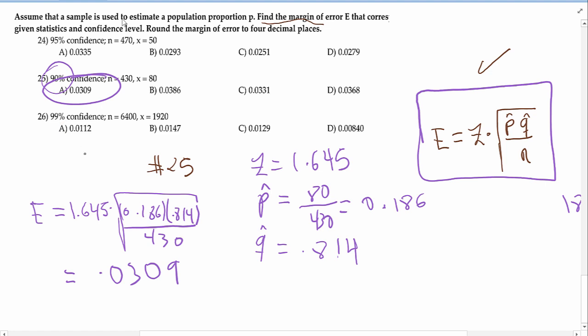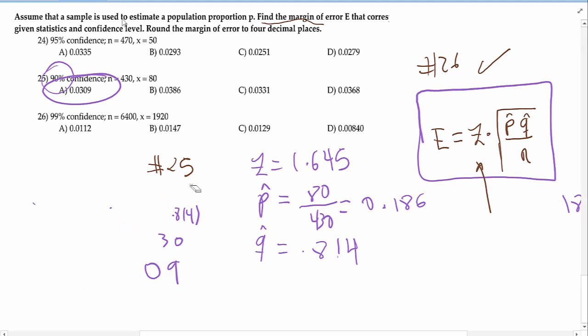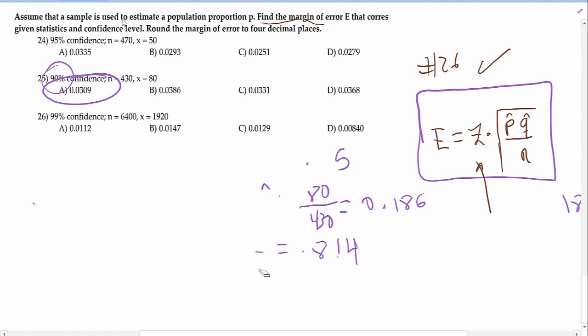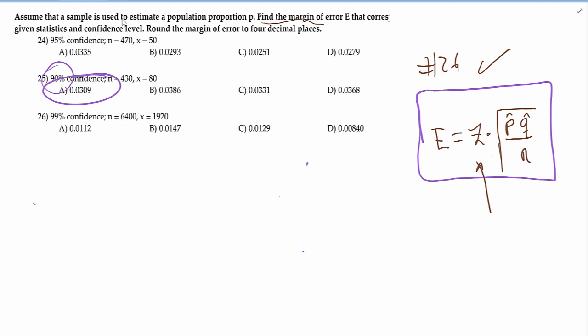What is the z-score that corresponds to a 99% confidence interval in number 26?